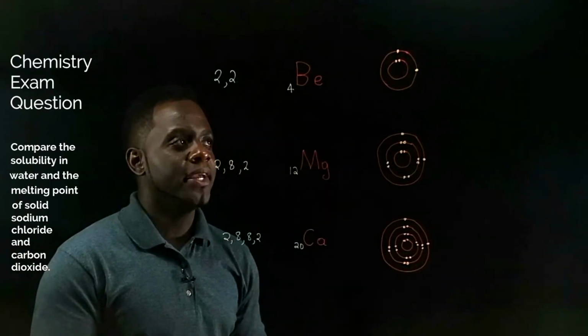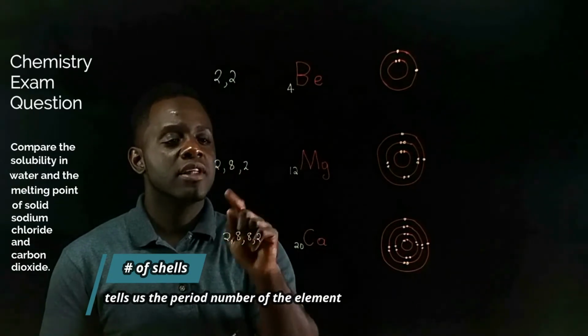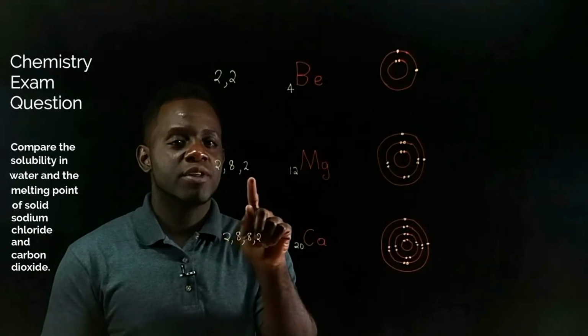Another trend that we are picking up here is that the amount of shells will give us the period number. So magnesium is in period 3.